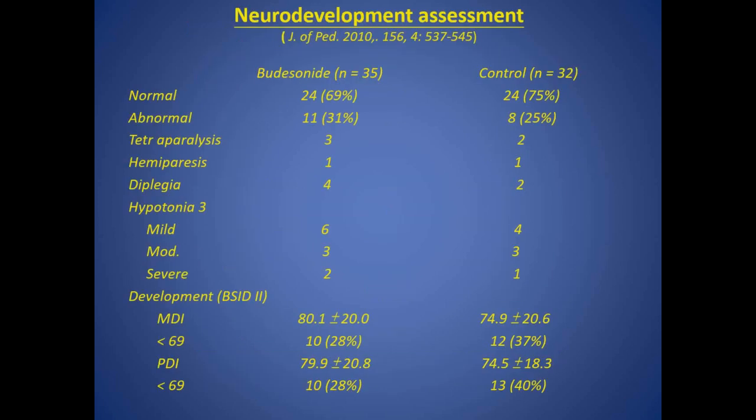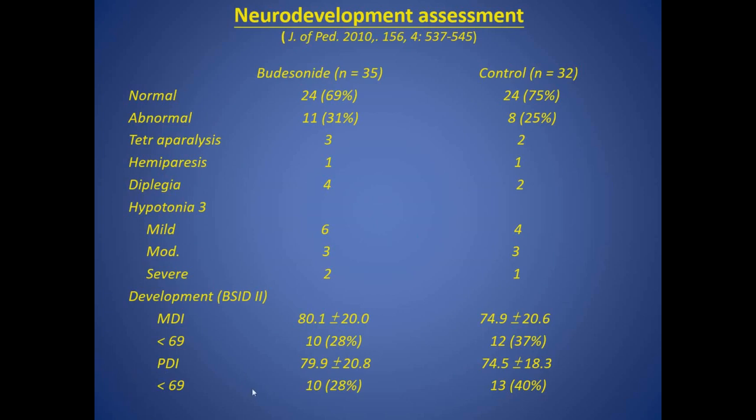And there's another follow-up study from our pilot study, which was done in Taiwan about 10 years ago. Much smaller number of patients, but we can follow up to 92%. Apparently no difference. In fact, if you look at those with MDI below 69, it's actually a little bit lower in the budesonide treatment group as compared with control.